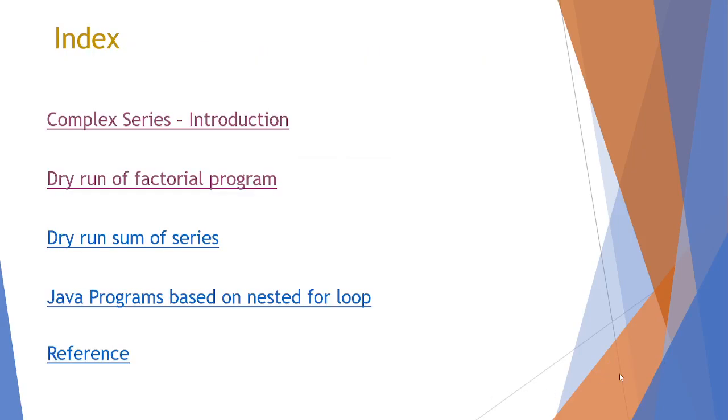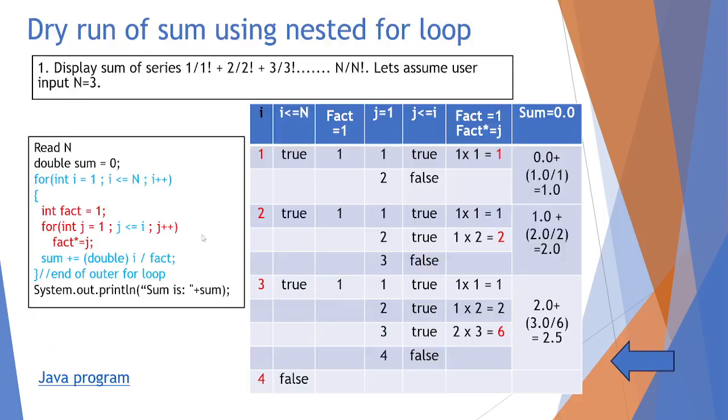Now the same program we want to use in sum of series. The question is display sum of series 1 upon 1 exclamation plus 2 upon 2 exclamation. See, if you observe, 1 exclamation is 1 into 1, 2 exclamation is 1 into 2. So every time in order to find the factorial, I need the accumulator variable as 1.